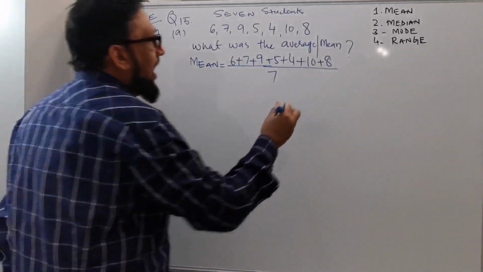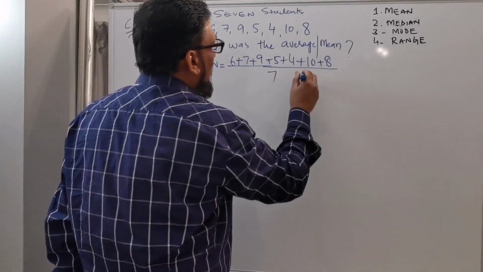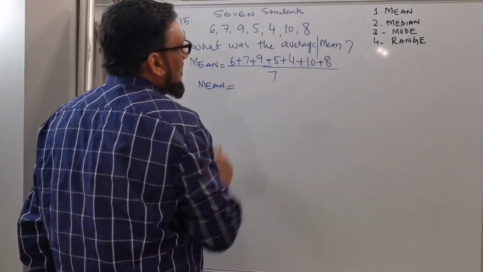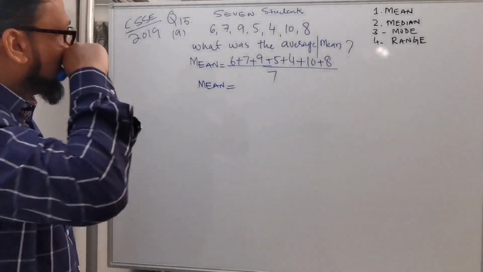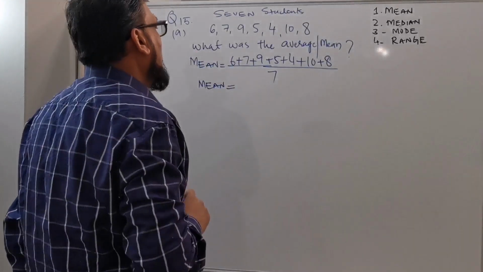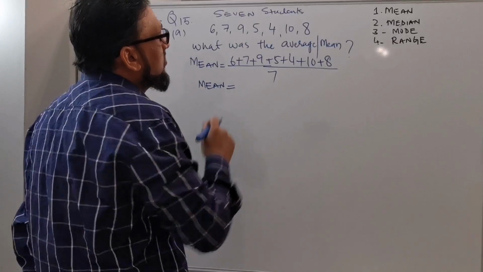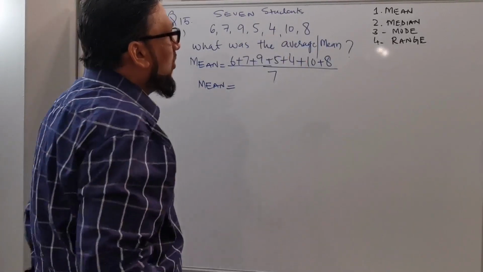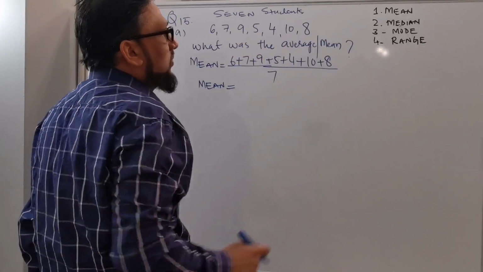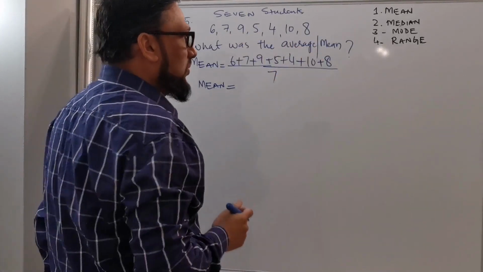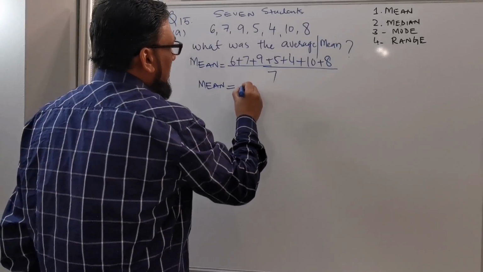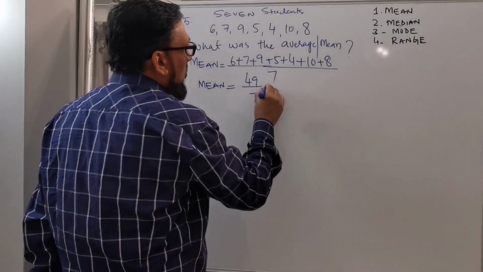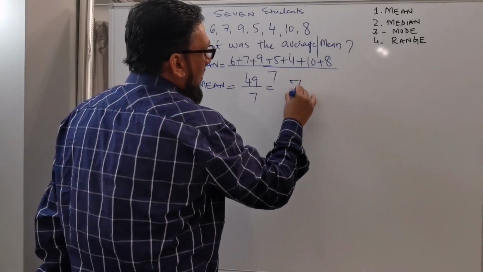So 6 plus 7 is 13, 13 plus 9 is 22, 22 plus 5 is 27, 27 plus 4 is 31, plus 10 is 41, plus 8 is 49. 49 divided by 7, so the mean will be 7.